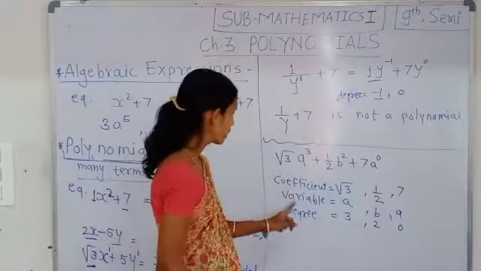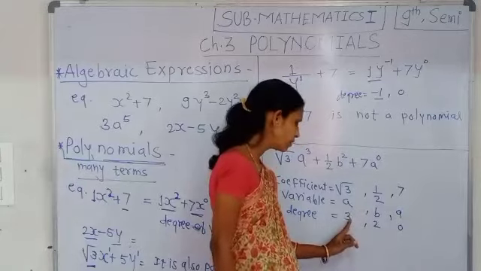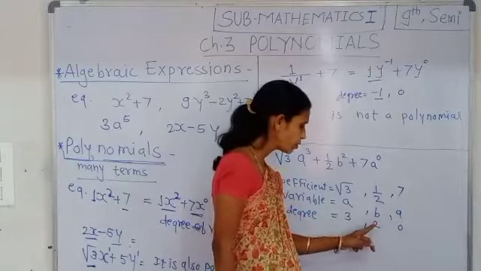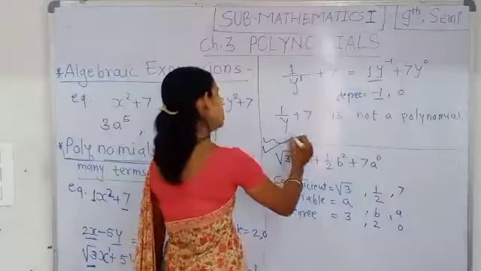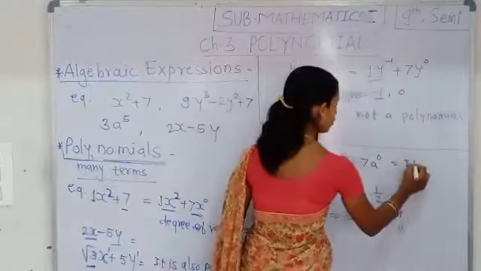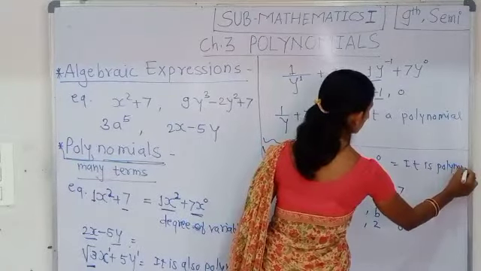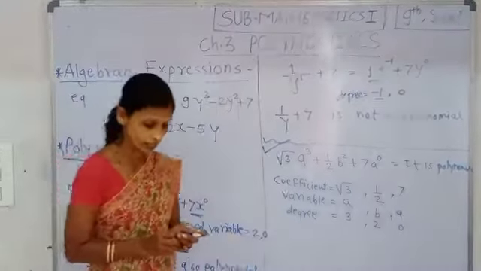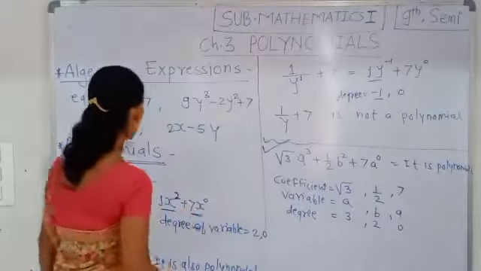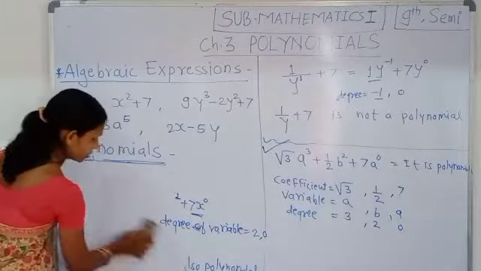The degrees of those variables a and b are whole numbers, that is, 0 or positive integers. Therefore it is an example of a polynomial. That means we can identify whether the given algebraic expression is a polynomial or not.